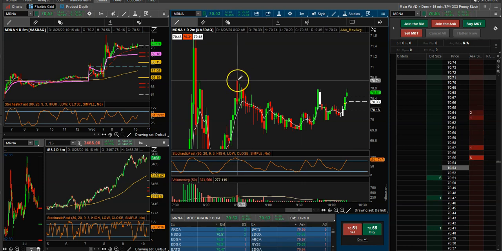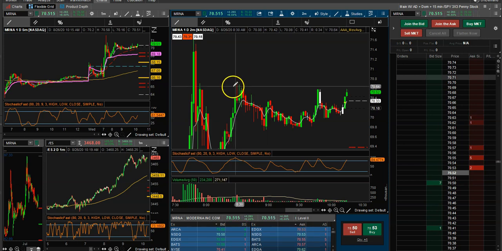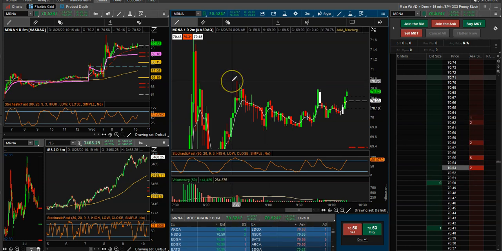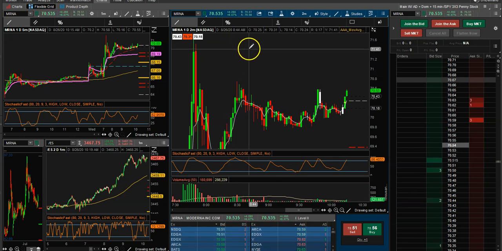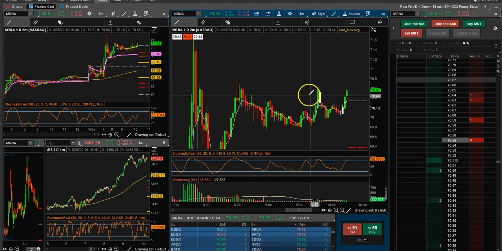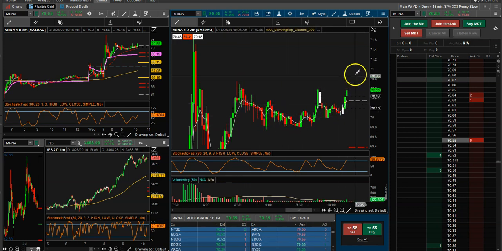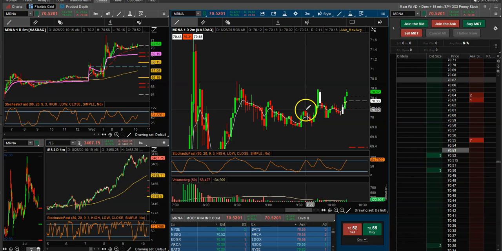But if we break above this level, this 74, 71, 70, 475 level, I think price could actually run maybe another dollar higher, because think of it as a bull flag, right? Flagging out, breakout of the bull flag. It's more of the pattern.